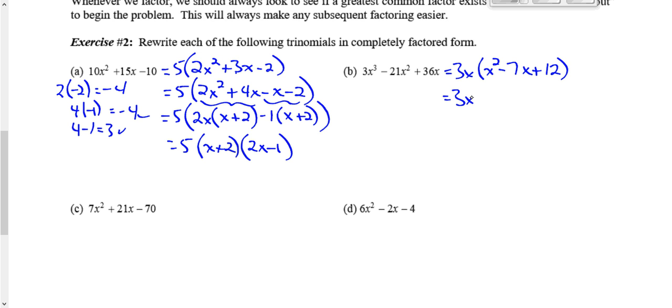Now it's not that hard, is it? What do we do here? Anybody? This is a simpler one. Just get halfway done, right?